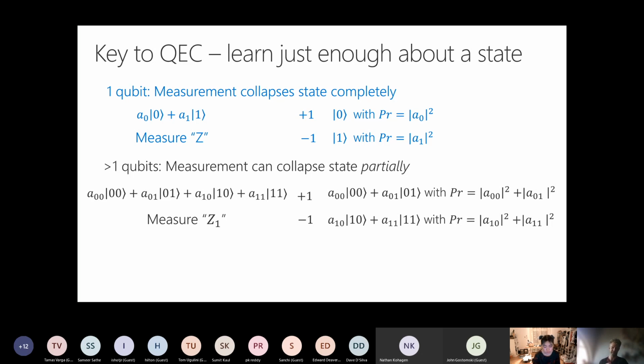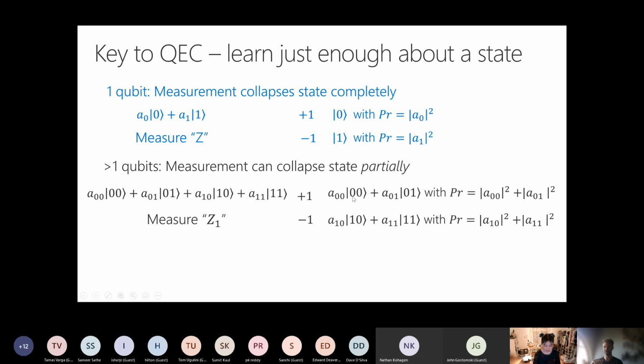So that means that we are going to collapse the state of the first qubit, but not the second. So what happens in that case, and this may not be familiar to people, and it's not discussed as often, is that you will end up after this measurement with still a superposition state, but the superposition will only be over the second qubit.